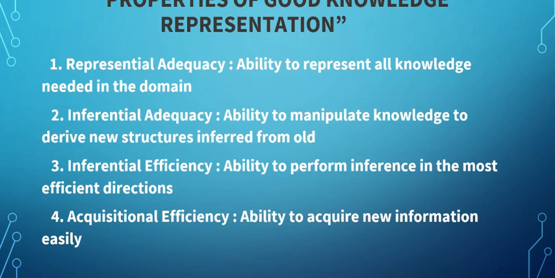Third, inferential efficiency: ability to perform inference in the most efficient directions. This is where we can make the new options more efficient in different ways. And acquisitional efficiency: ability to acquire new information easily.